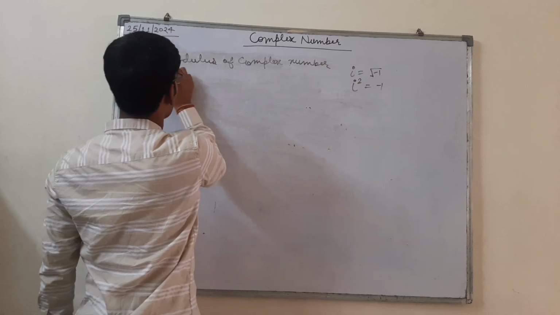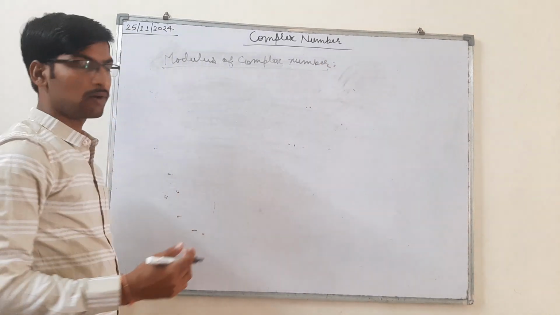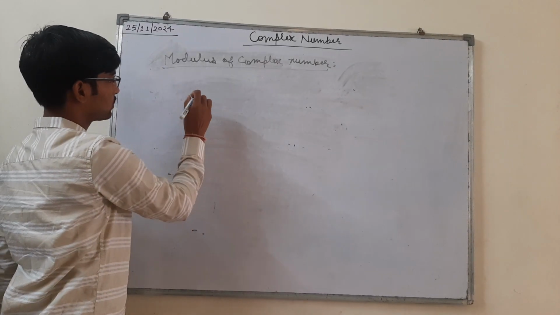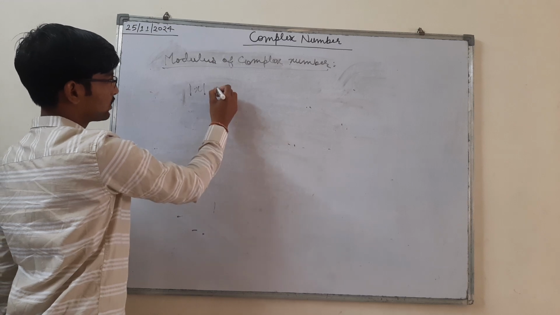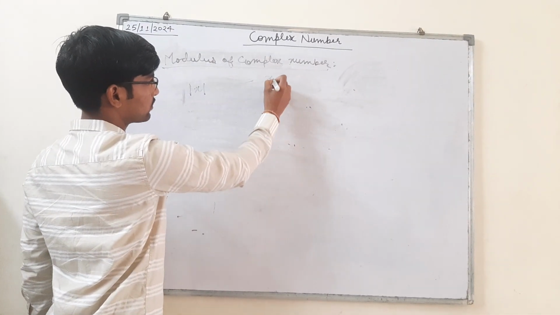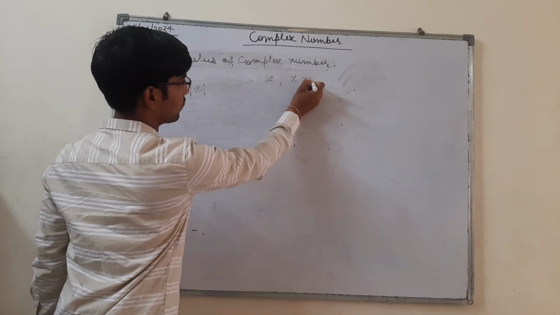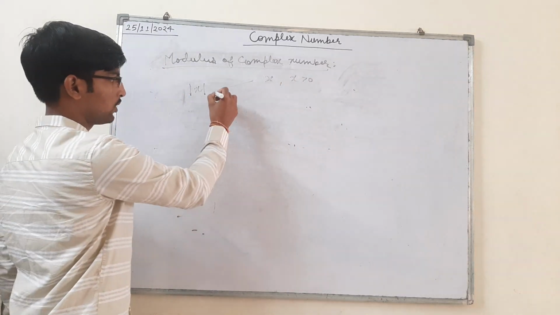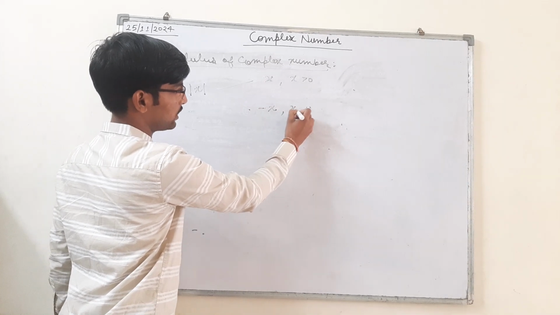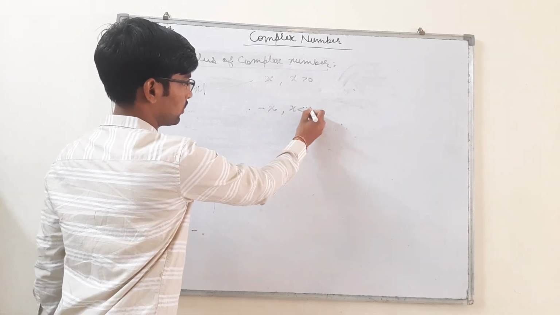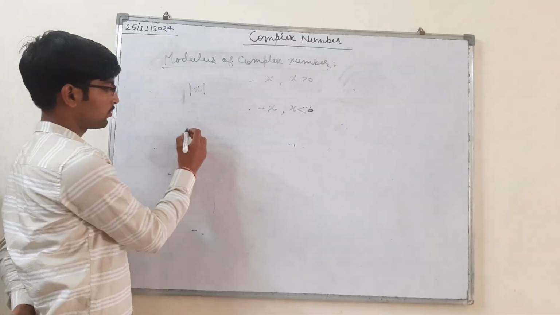Now we all know that the modulus of a real number x is equal to x if x is greater than 0, and it is equal to minus x if x is less than 0, or x is negative.